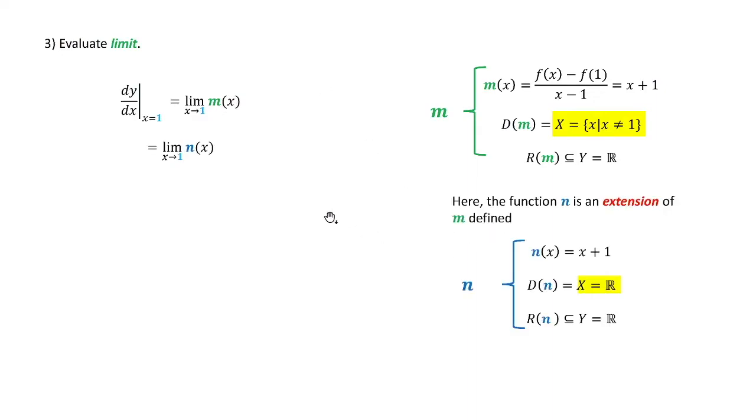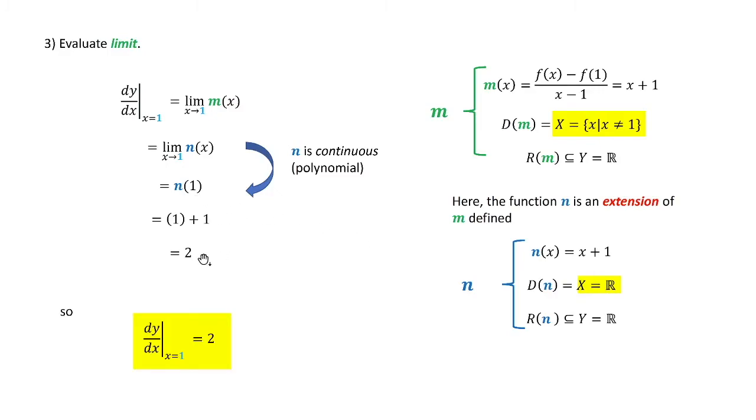I need an extension, and the extension is a polynomial, so it's continuous. And I just evaluate it. What's m of 1? 2. So by definition, the slope of the tangent line is 2. And that's exactly what we got before. Only this is all set up in the mathematical context.